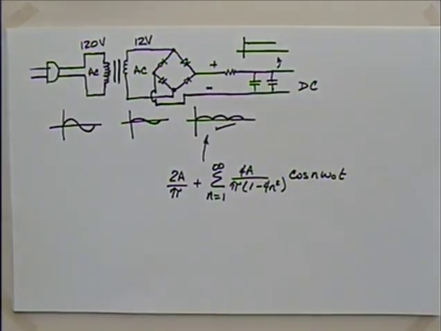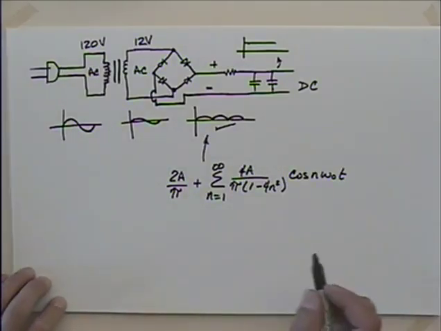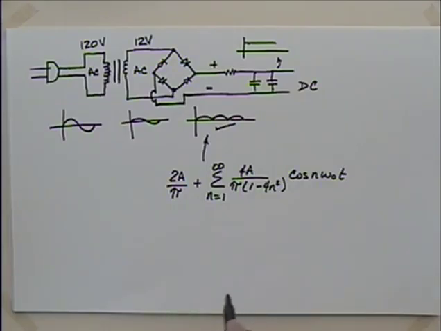So the Fourier series looks something like that. Let me double check that. Yeah. Okay. So that's what the Fourier series looks like for the fully rectified wave.